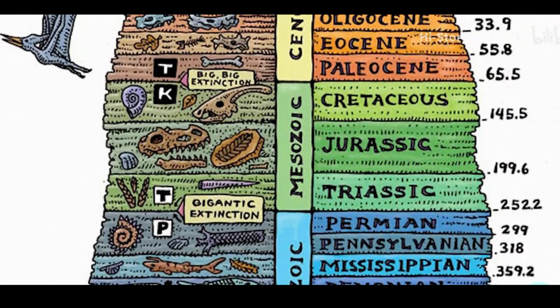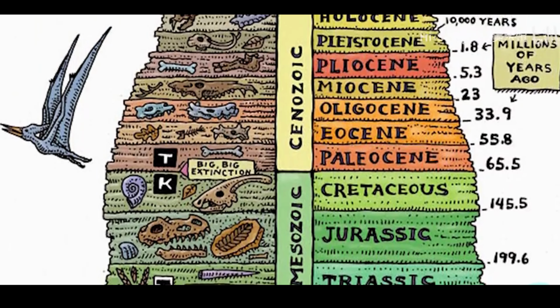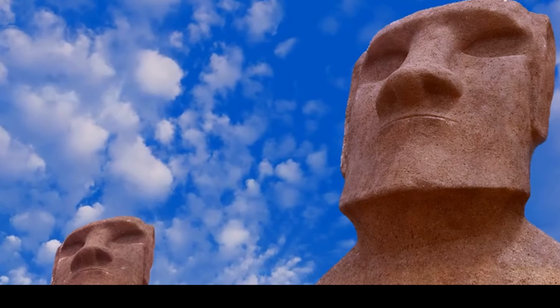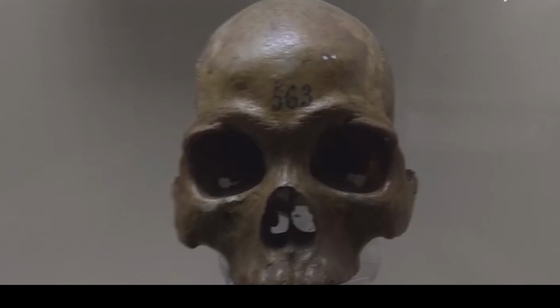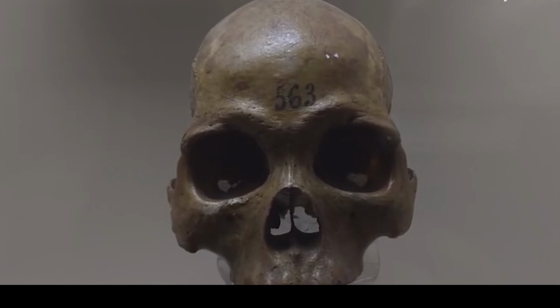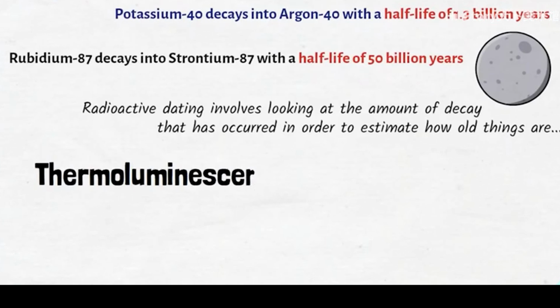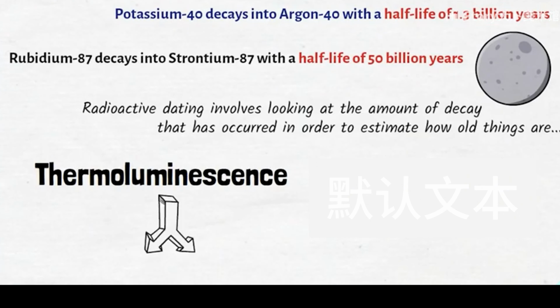This method is very effective for dating paleoanthropological sites tens of thousands or even millions of years old, such as human fossils from the Paleolithic era, which are often dated using this method. There is also a method called thermoluminescence dating, whose principle is somewhat similar to paleomagnetic dating.